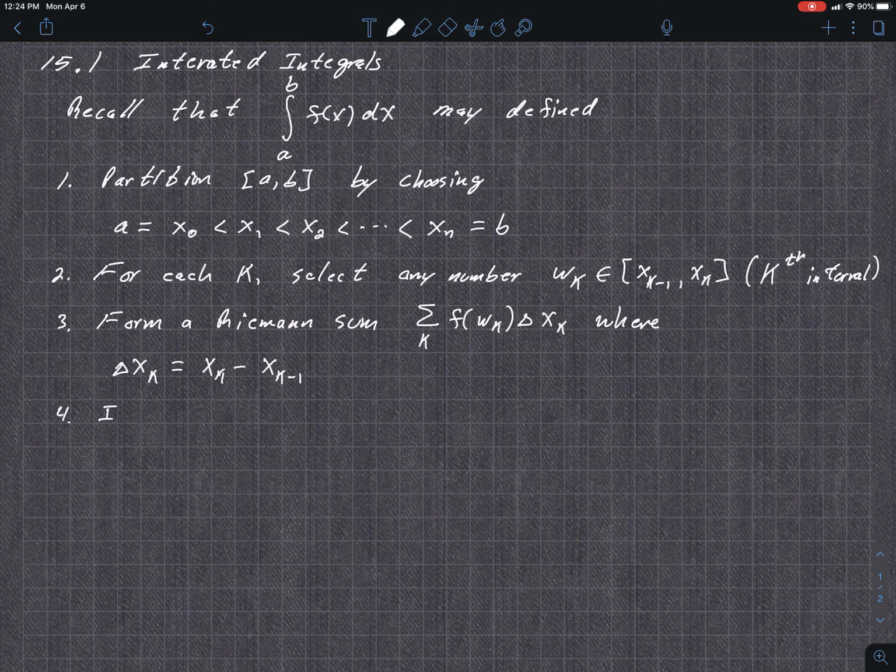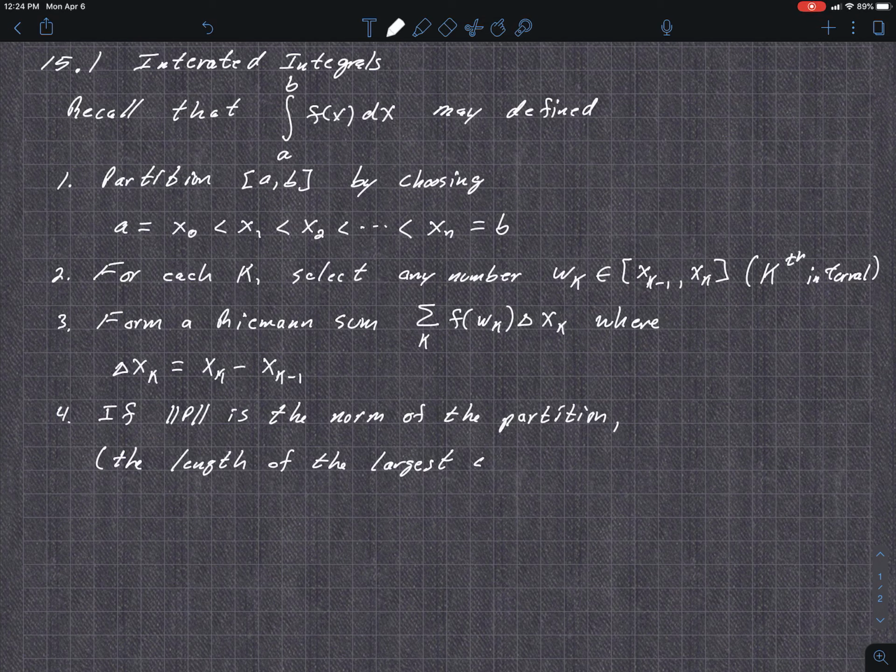And then four, we do the norm of the partition. Let me define that first. If that symbol is the norm of the partition, we define that as the length of the largest subinterval.